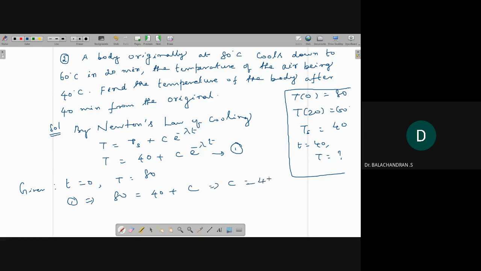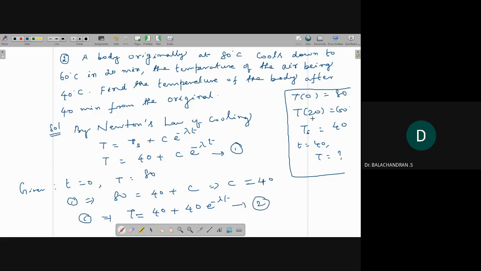This implies C equal to 40. So substitute C equal to 40 in 1. So T equal to 40 plus 40 into e power minus lambda t. I call this equation number 2.